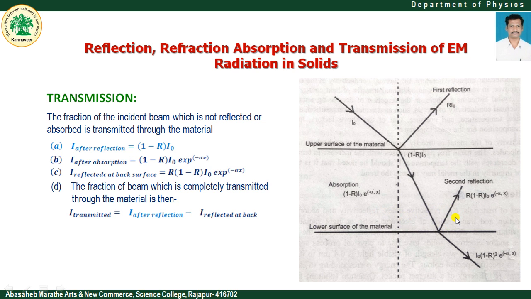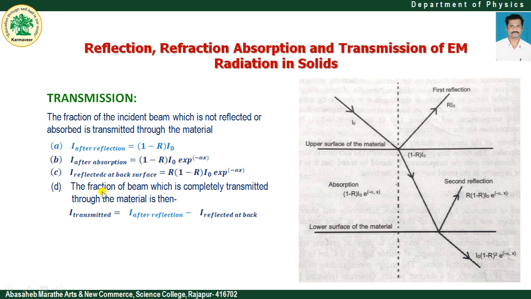This fraction of the beam that reaches the back surface and is reflected is nothing but I reflected at back surface, which is equal to R into (1 minus R) I naught e raised to minus alpha x. Okay.